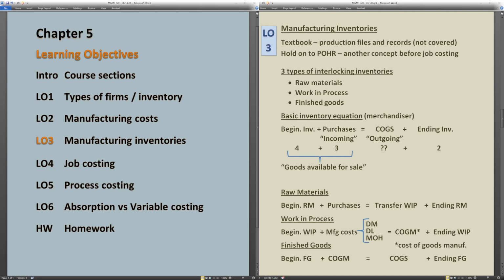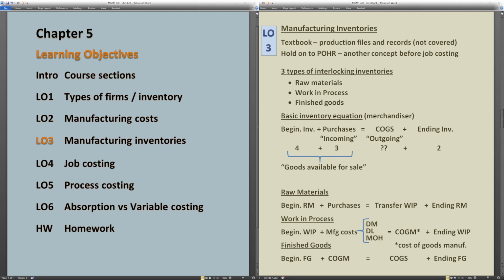So if I were to draw a line, that transfer into work in process would go down to the direct materials. Or I should say, because raw materials could be direct or indirect materials, some of them would go into direct materials and some of it into MOH, but they would be added into the manufacturing cost.